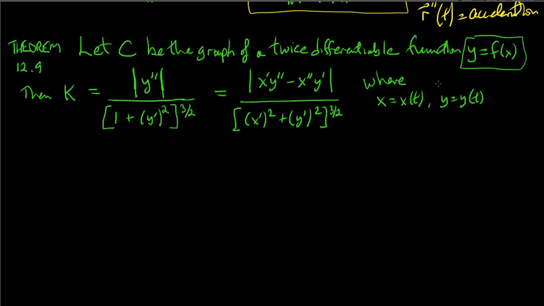But even if you can't write it as a function of x, you can possibly write it parametrically, where x is a function of t and y is a function of t. In that case, you can write it using the second formula here.